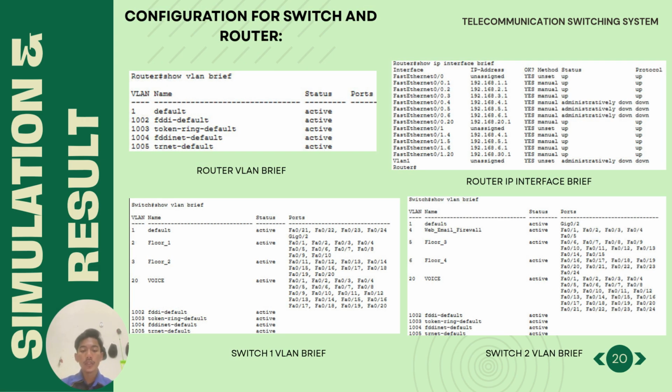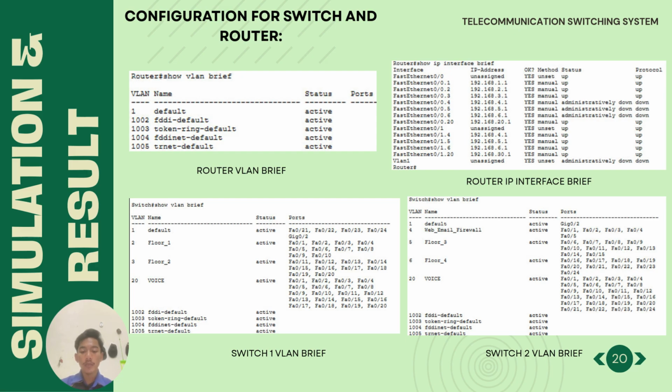This slide shows the configuration verification for the router and switch. The show VLAN brief command confirms that all required VLAN has been successfully created and the switch port are assigned to the correct VLAN.